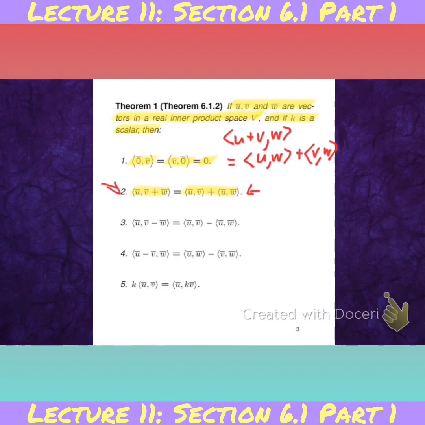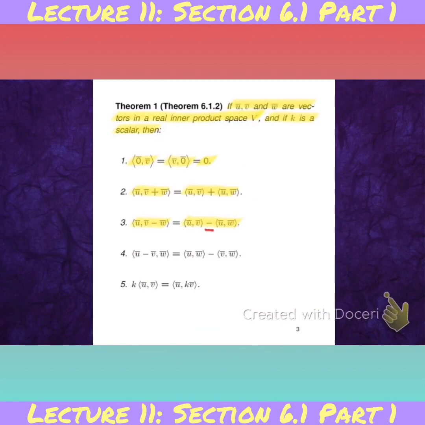Then the next property, if you take the inner product of a vector u with the difference between the vector v and w, then again that is the same as taking each term in the sum of v and minus w, and taking the inner product of each separately with u and then adding the two together, and then this negative sign comes into play as well.